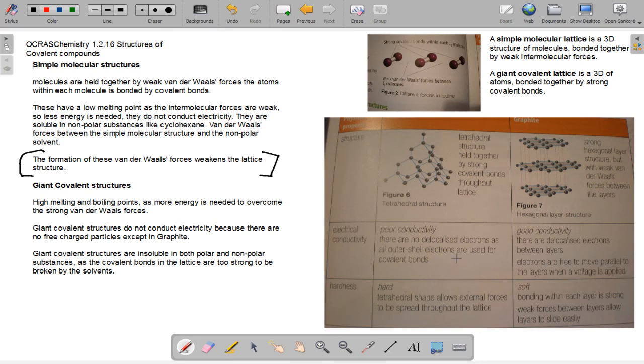If we look here at diamond, it has a tetrahedral structure held together by strong covalent bonds throughout the lattice. So it can't conduct electricity because there are no delocalized electrons, as all the outer shell electrons are used in the covalent bonds to keep it in that tetrahedral lattice. But it's very hard, as external forces can be spread throughout the lattice.